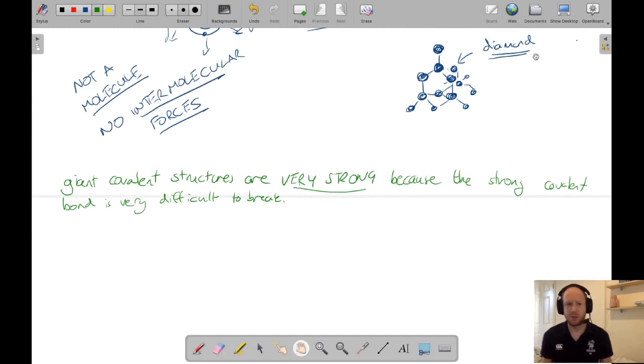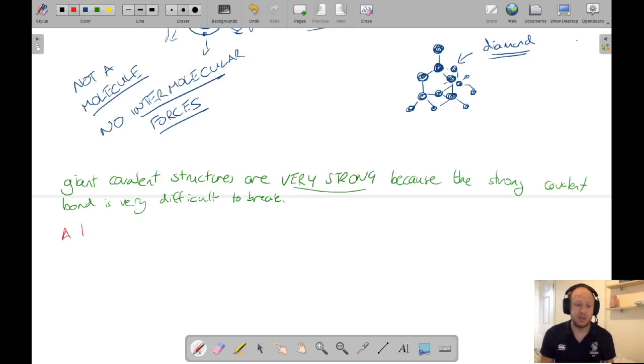Let's talk about its melting point and its boiling point. You can see here that all of these bonds are really, really strong. So to overcome the strength of that bond, you need a huge amount of energy to break those bonds.